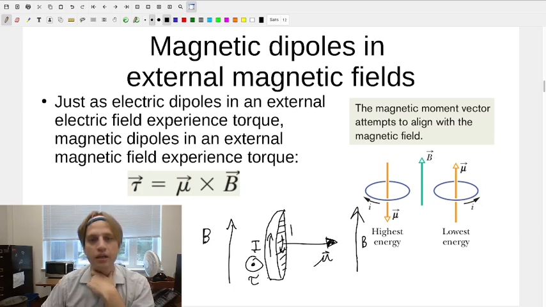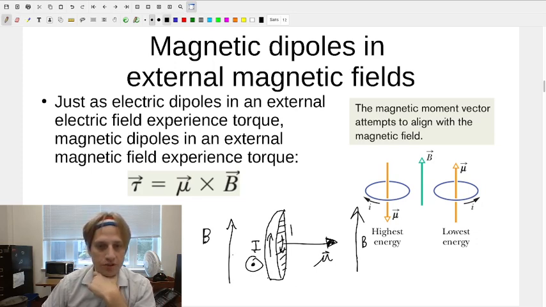Now what does that mean? Why is that going to cause this loop to spin, to start having some angular acceleration? Well, if you look at it here, this I and this B are parallel. So on the side of the ring that's closest to us, there's not going to be any magnetic force.